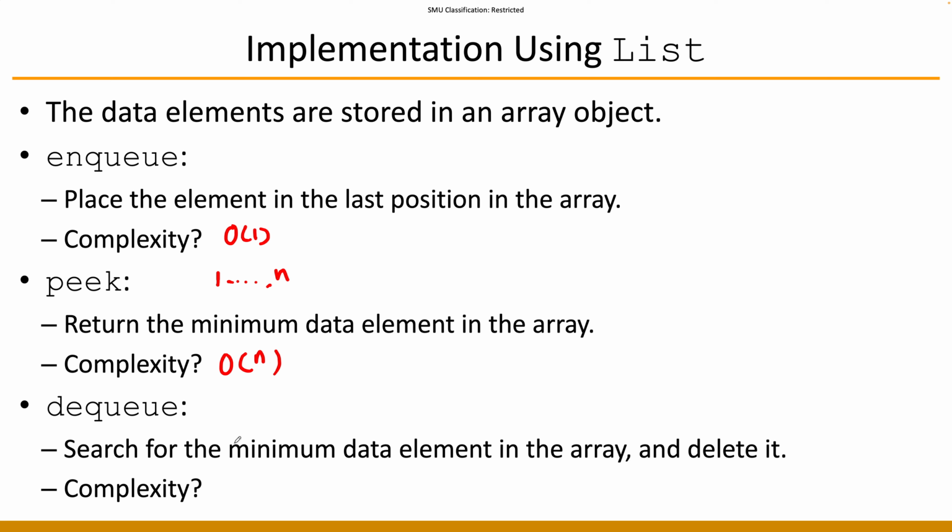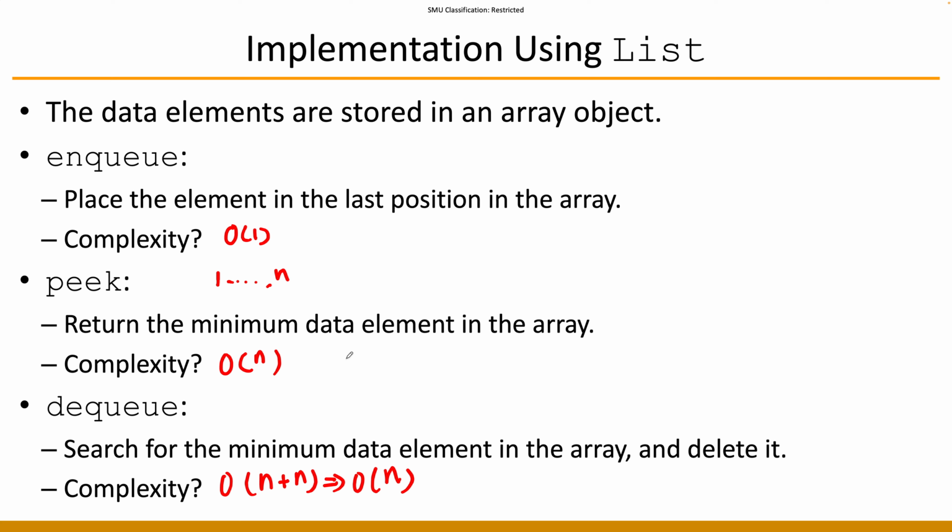And dequeue is actually also the same. You identify the minimum data element, which takes you n time, and then you remove it. After you remove it, in the worst case, you incur another n shifting effort. So in total, in the worst case, it will still be linear time.